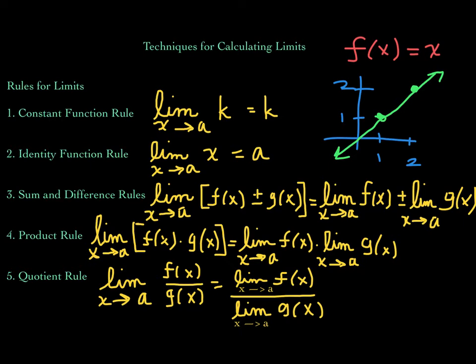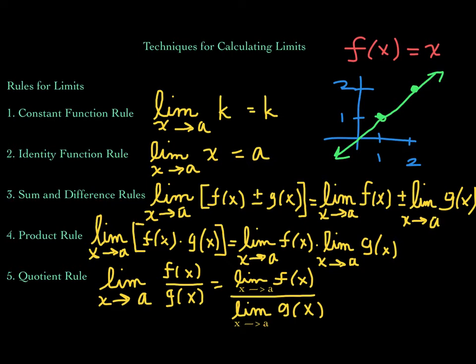Let's take 1, for example. As x values approach 1 on either side, the function values are approaching 1. As x values approach 2 on either side, the function values are approaching 2, right?